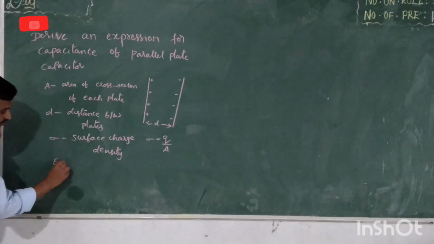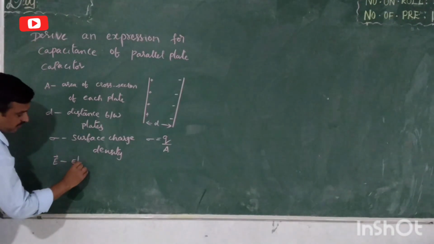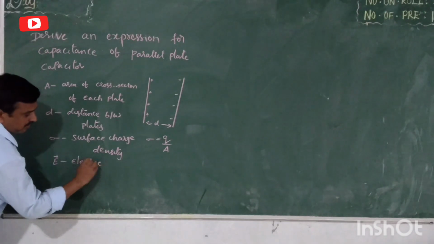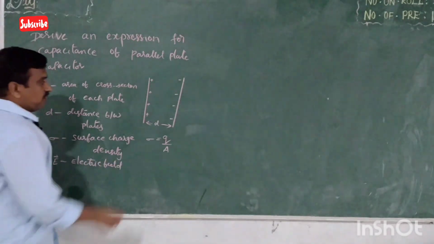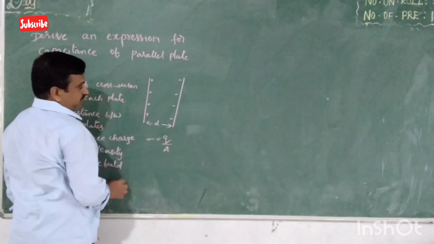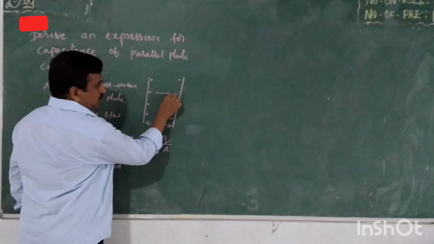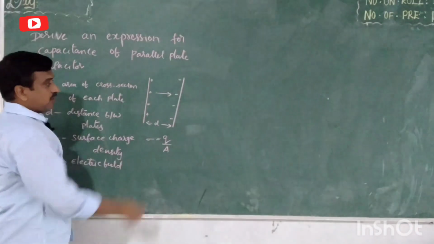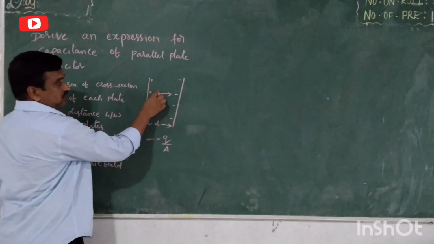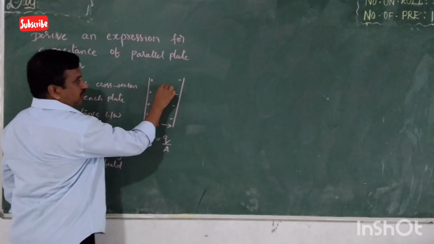E represents the electric field. In this parallel plate capacitor, the electric field is from the positive plate to the negative plate. This is the direction of the electric field.